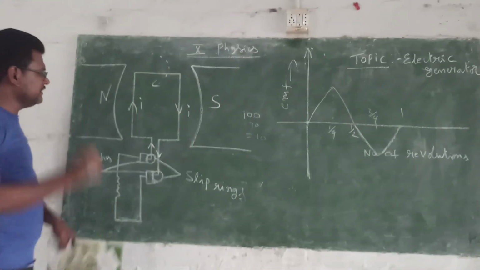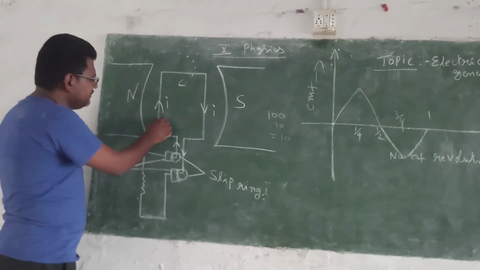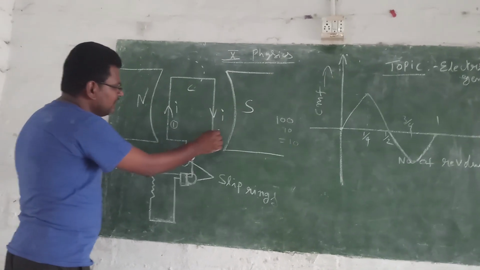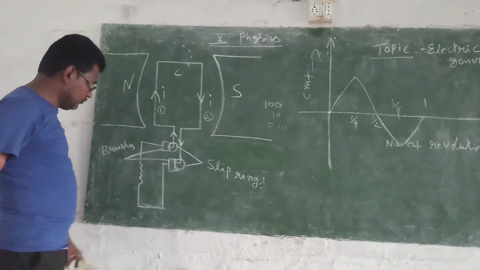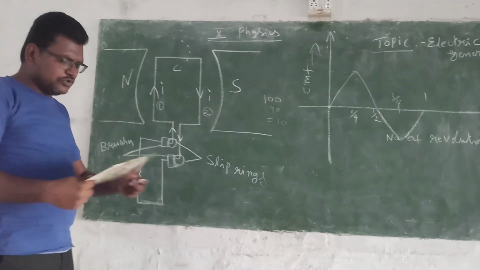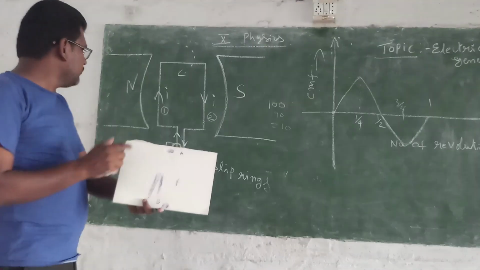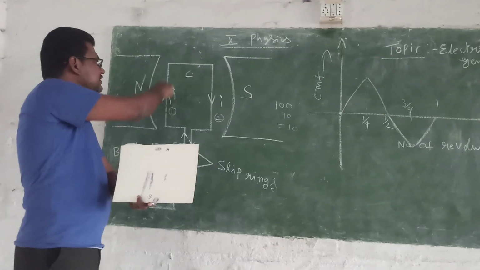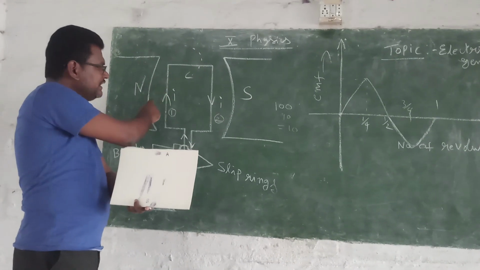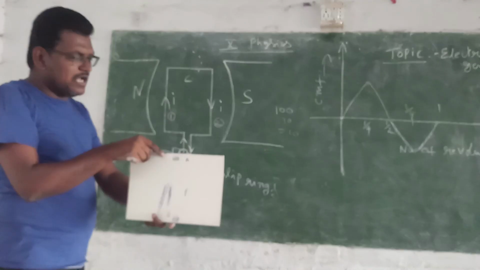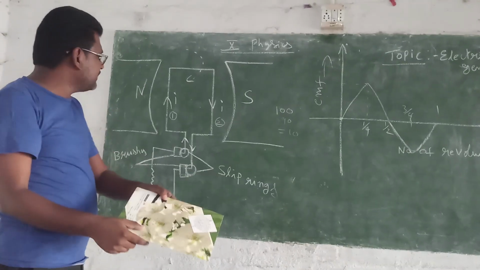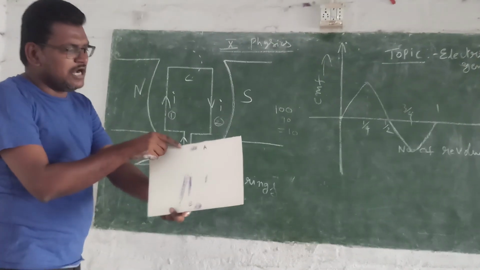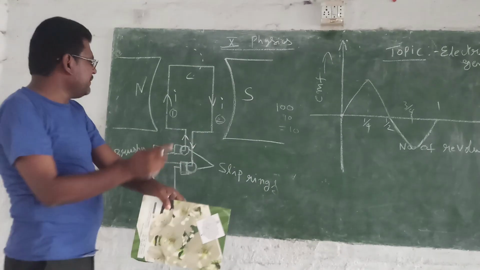Now let's see here. Let's take this as wire 1 and this as wire 2. When wire 1 is at the top, its direction is in this way. After the half rotation, what happens?